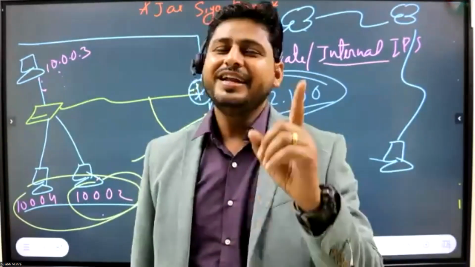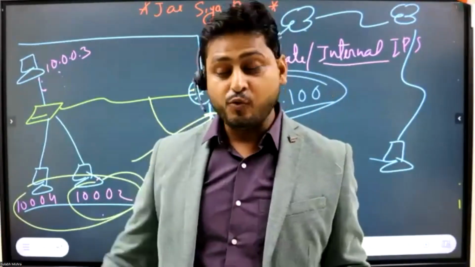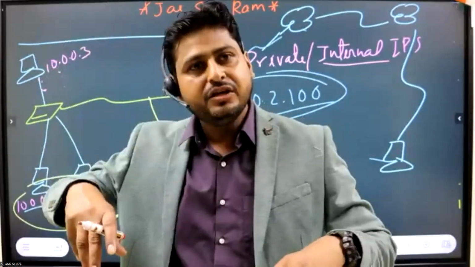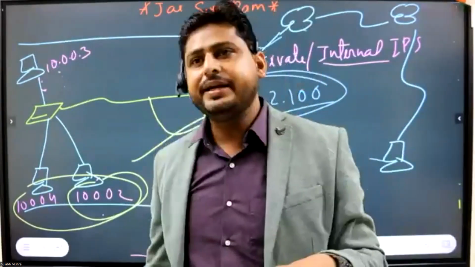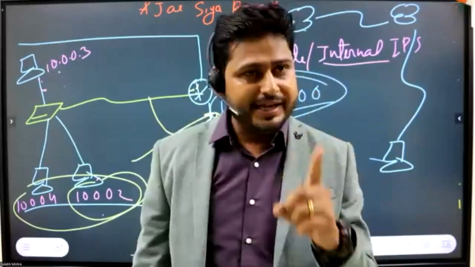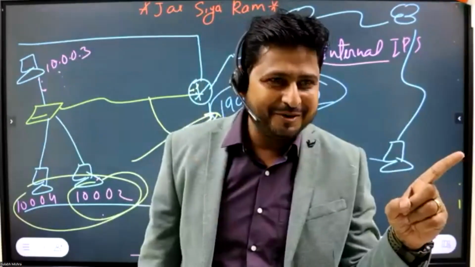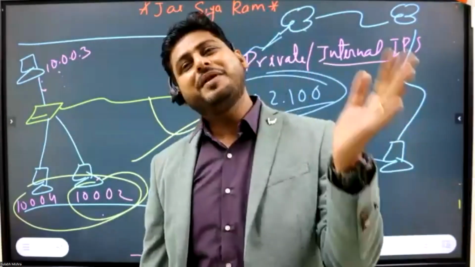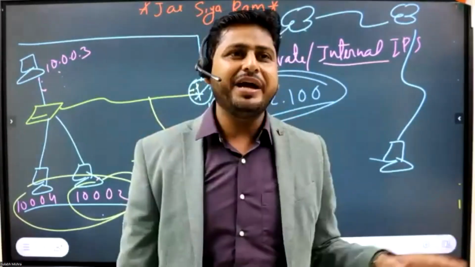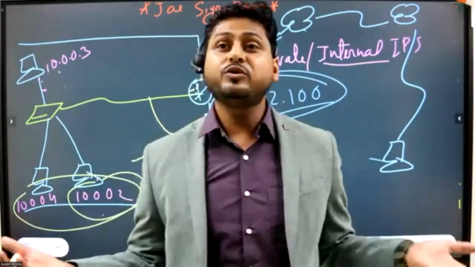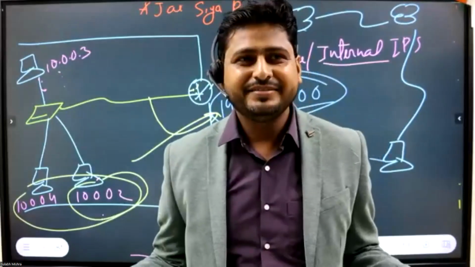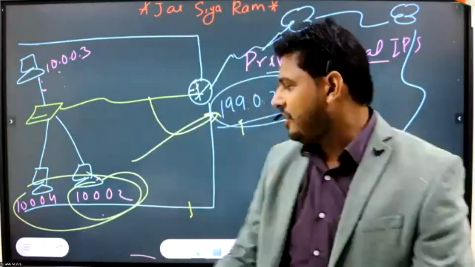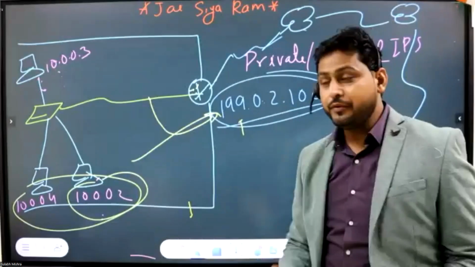NAT means network address translation, translating one IP address to another IP address. That is called NAT, not always private to public. It can be public to private, private to private, or public to public.